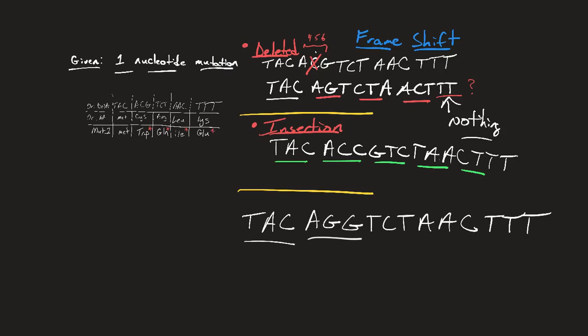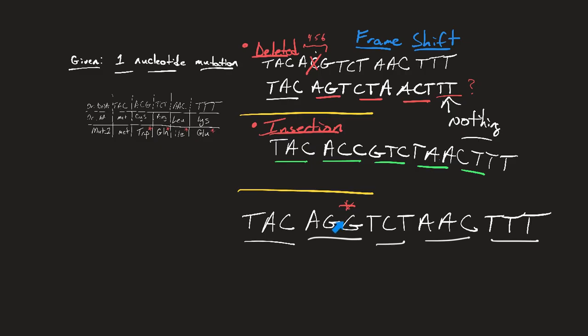So this could have been a silent mutation. I'd have to look at the chart, but let's assume it does mutate this one, okay? Did it mutate everything after it? TCT, AAC, and TTT? No. But in our problem, it mutated everything after it.